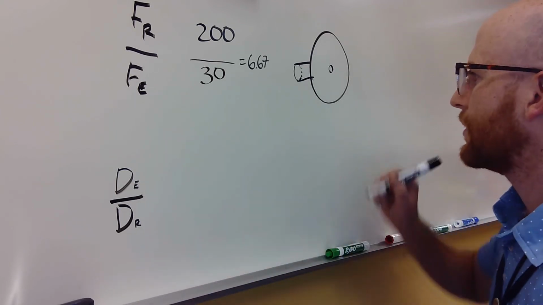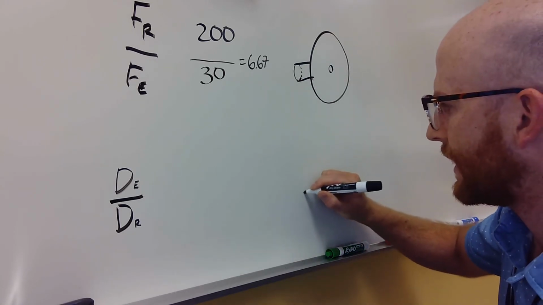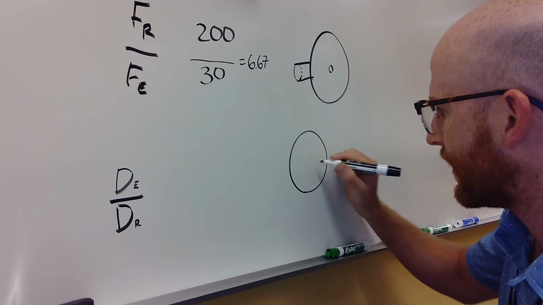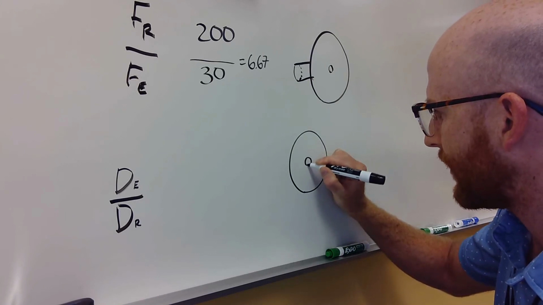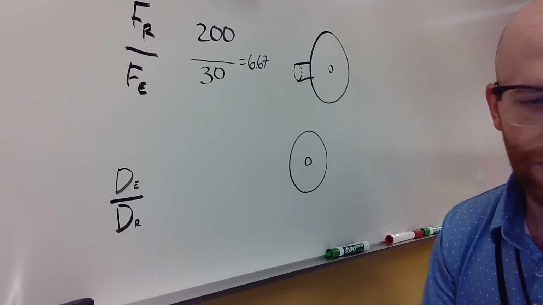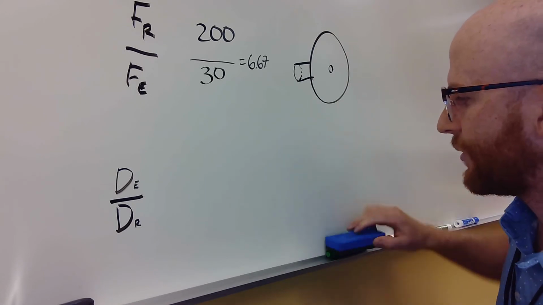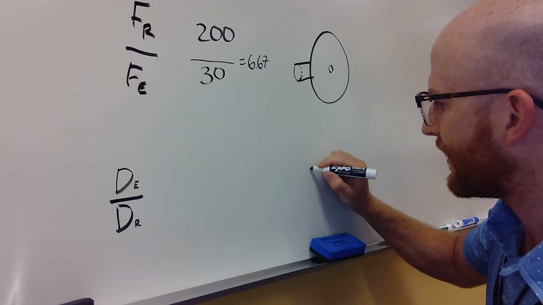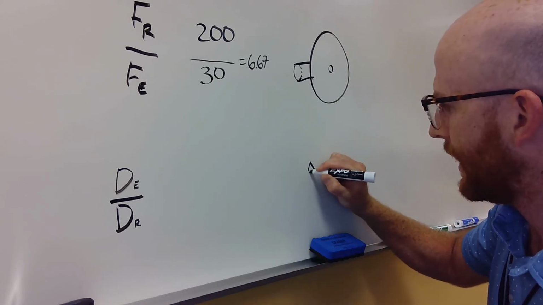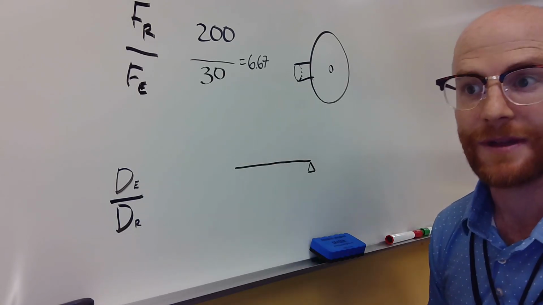Let's pretend we're looking at this wheel straight on, and change it to a lever example. We'll look at the very center as the fulcrum, and off of that fulcrum we have our second class lever.